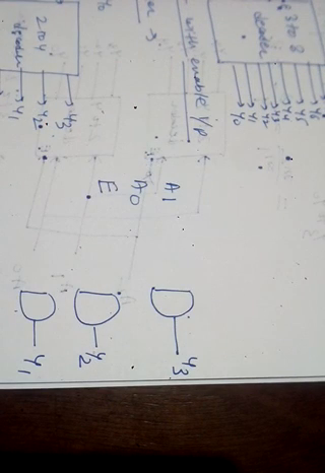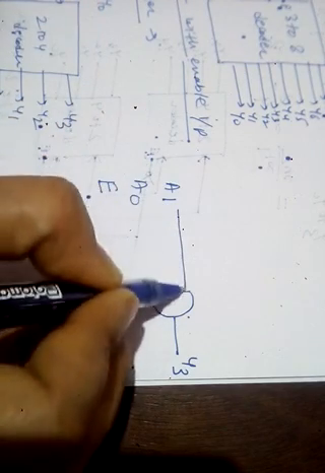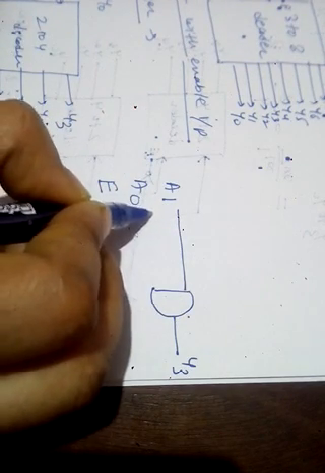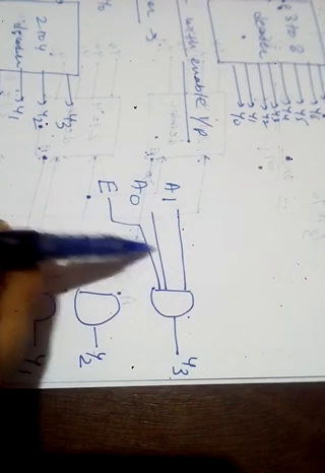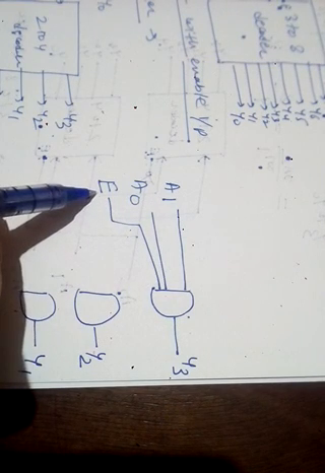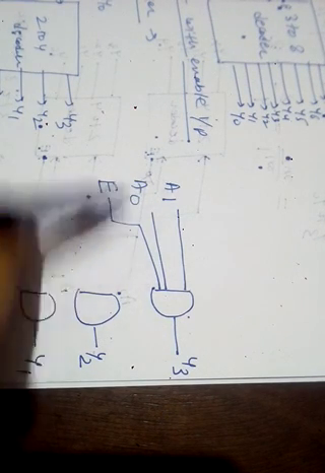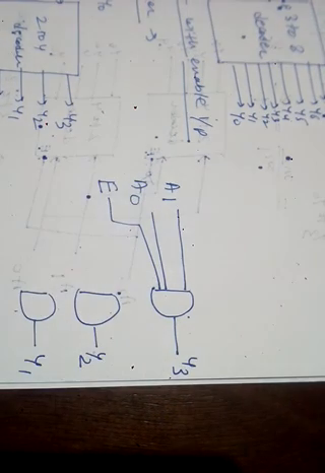So Y3 is E dot A1 dot A0, E dot this and this, E dot A1 dot A0. So this is the AND gate and the output is Y3.